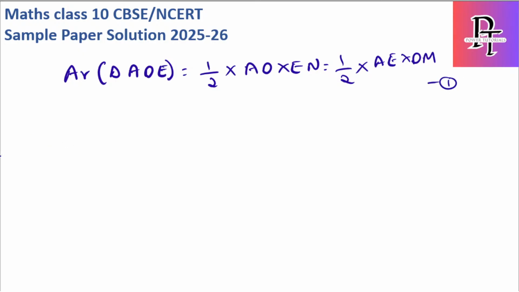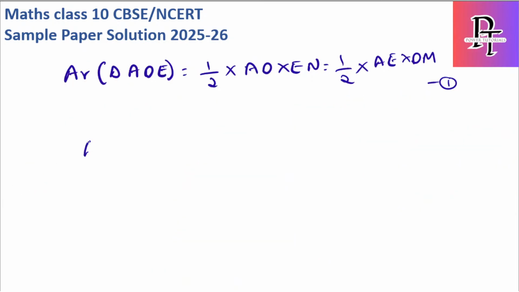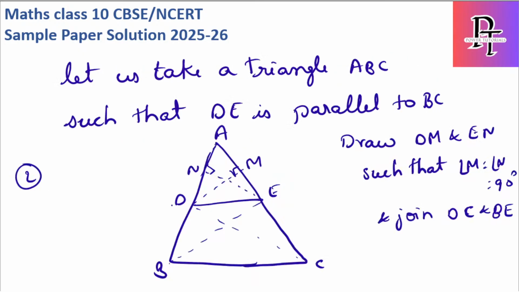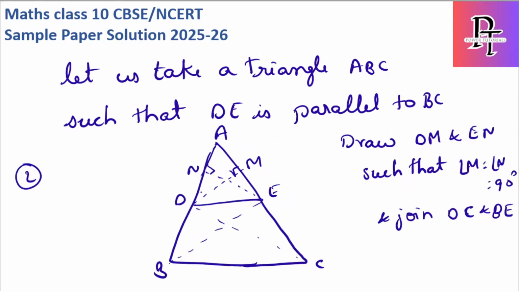Now again, get the areas of BDE and DEC. Area of triangle BDE will be equal to half into BD, the base, and the height will be the same, the perpendicular line EN.